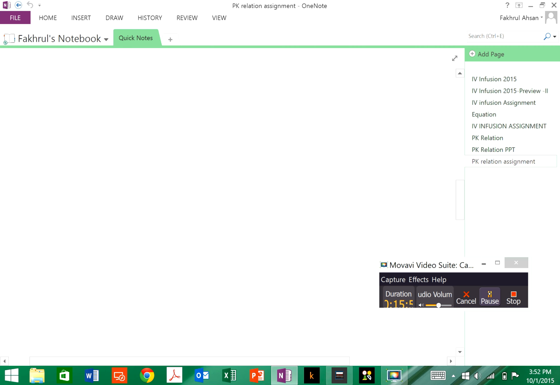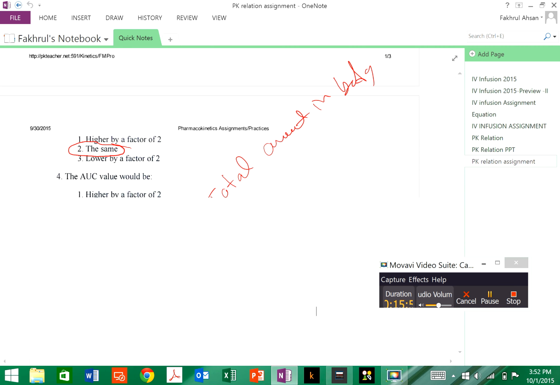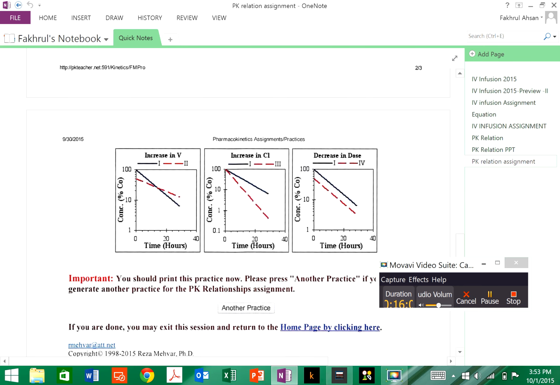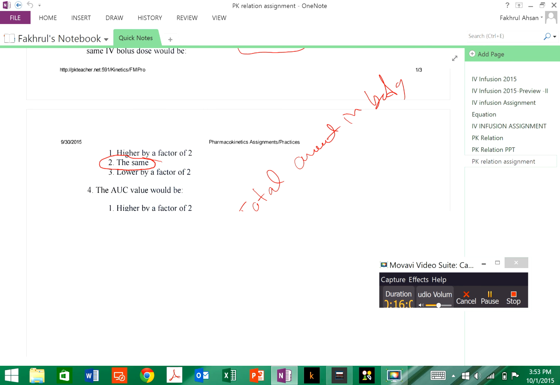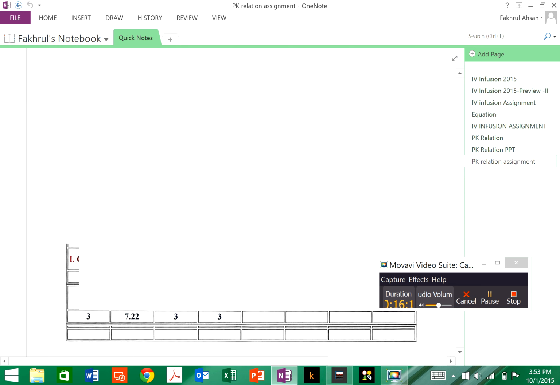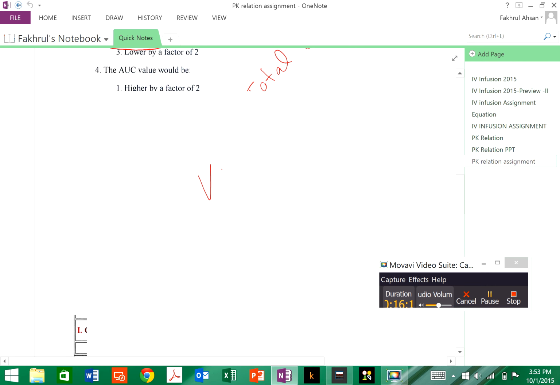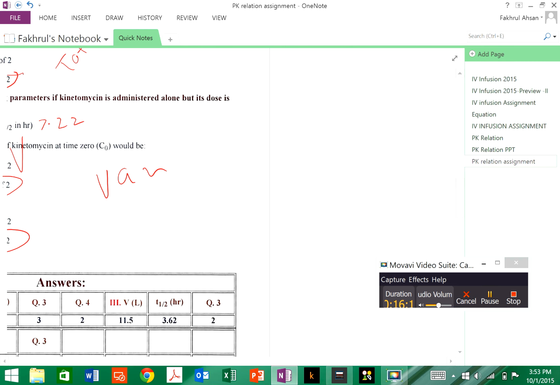Volume of distribution V and CL are two independent parameters, but T half changes with these two.